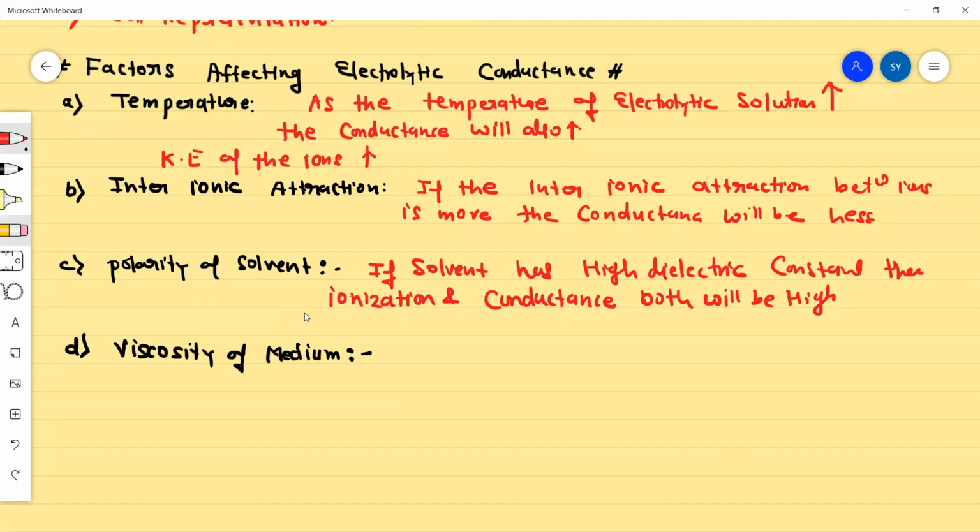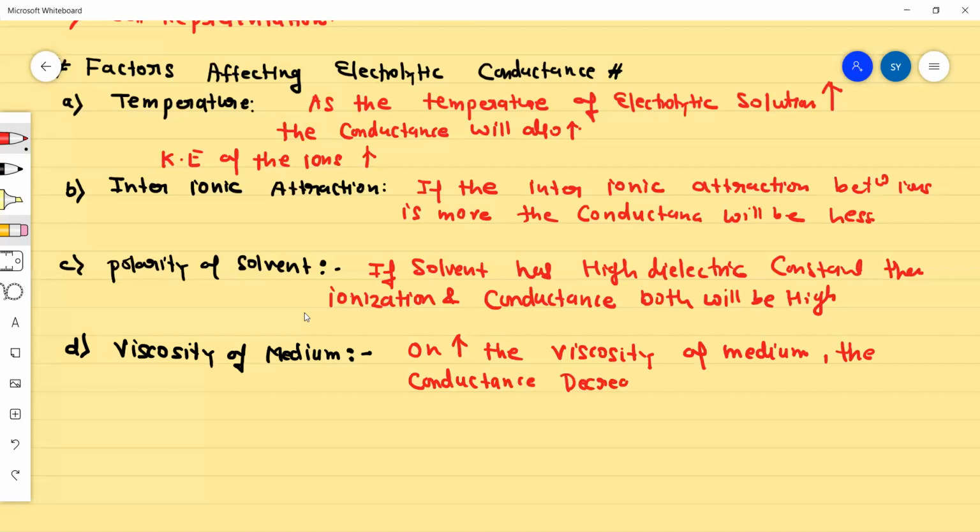So on increasing the viscosity of the medium, the conductance decreases. This was the fourth factor. Now the next factor is the dilution.